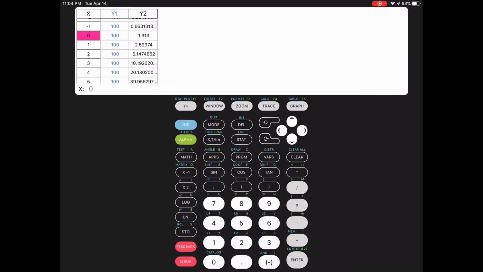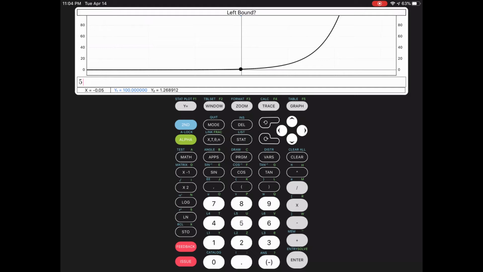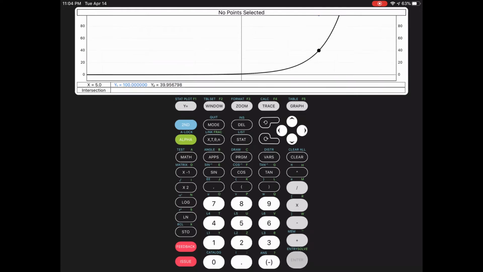Second trace, and then number 5 for intersection. And then I'm going to move this cursor all the way up to right there. 1, 2, 3. Did it do it? I'm sorry. 1 second. Oh, I didn't find my intersection. Hold on, I'm sorry. There we go.